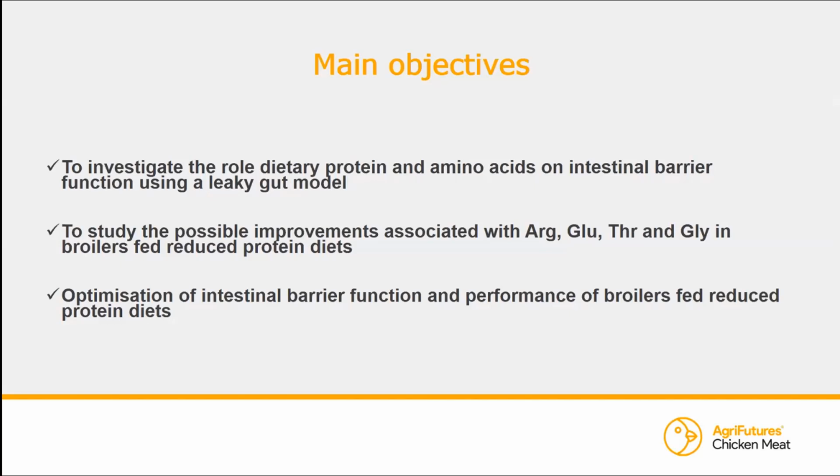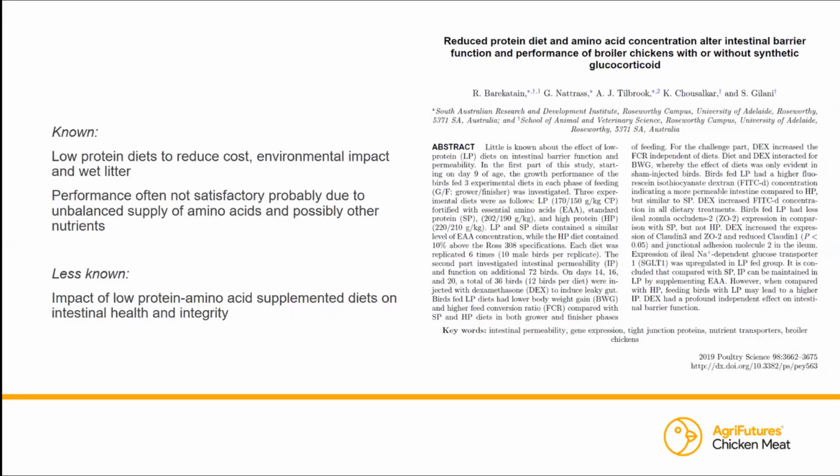Specifically, we were interested in looking at a few promising amino acids based on literature available mainly for other species. The overarching objective was to optimize intestinal integrity and performance of birds that had already been fed reduced protein diets.